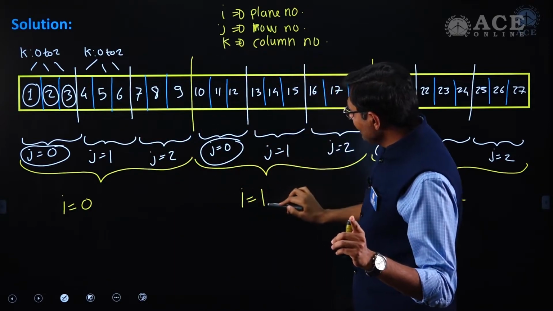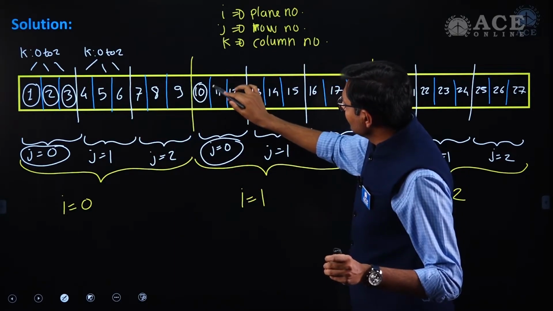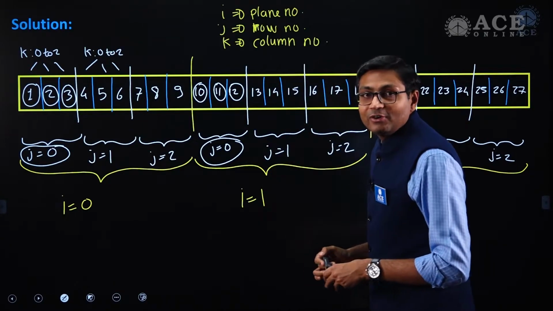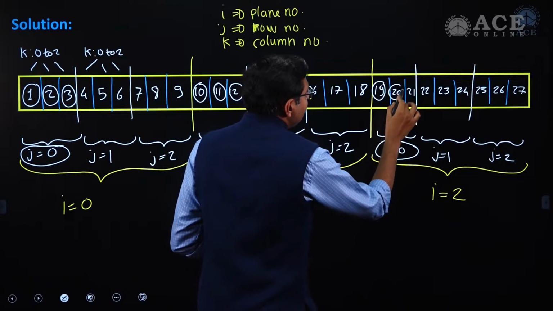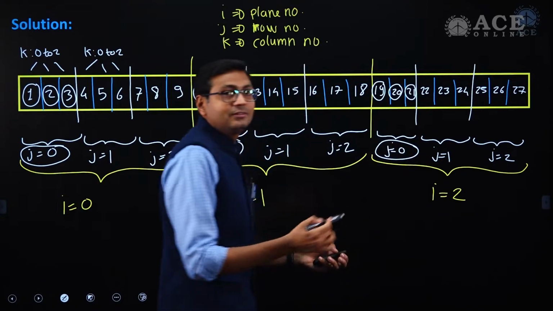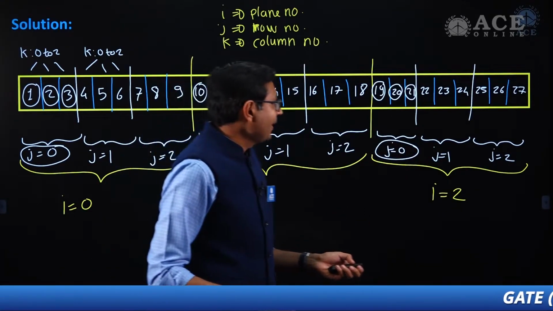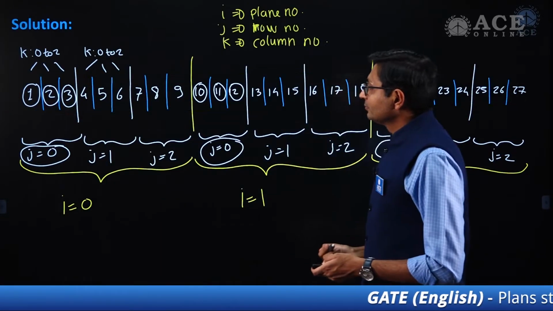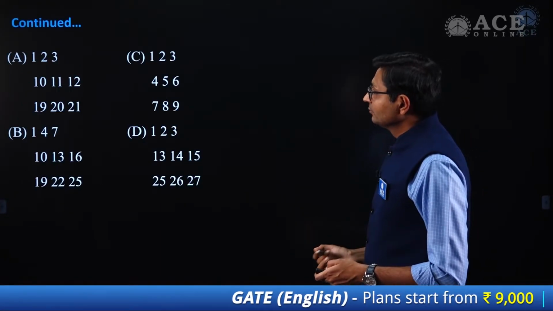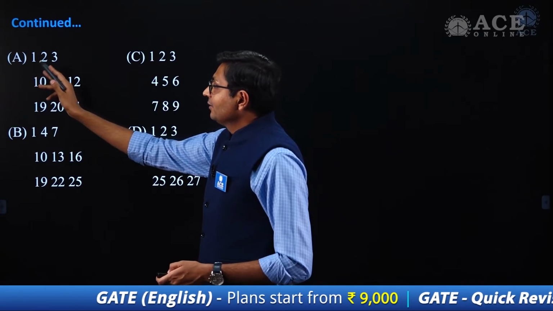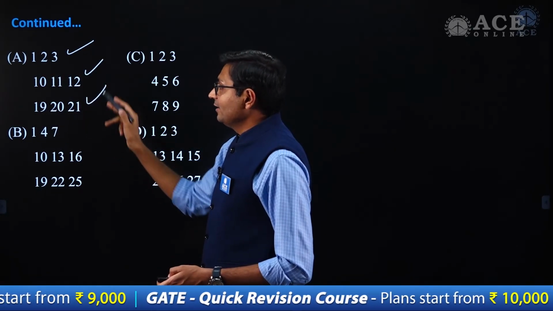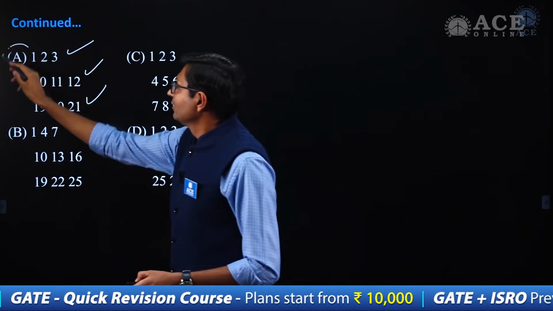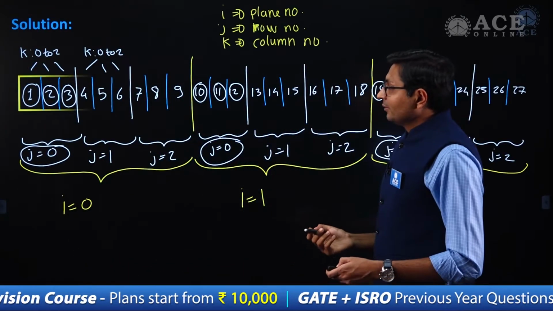Here in this plane, what is the first row? 10, 11, 12. And here what is the first row? 19, 20 and 21. That's it. What option does it match? Option A, 1, 2, 3, 10, 11, 12, 19, 20 and 21. Alright.